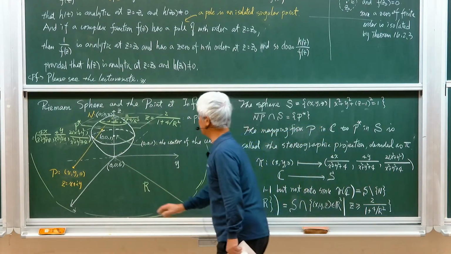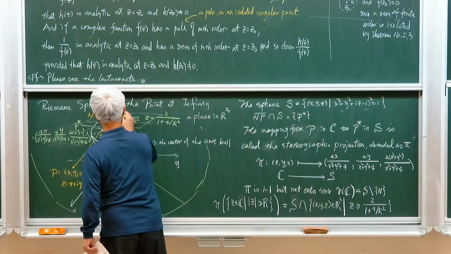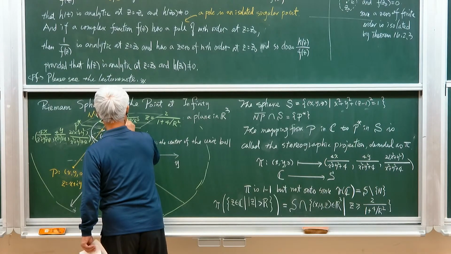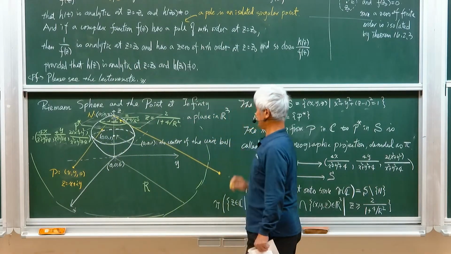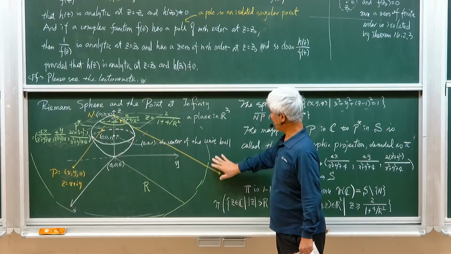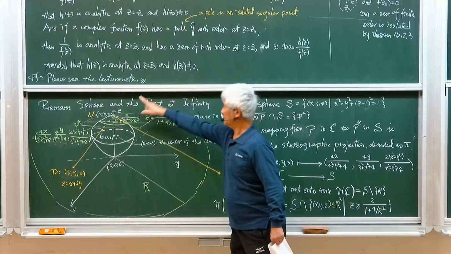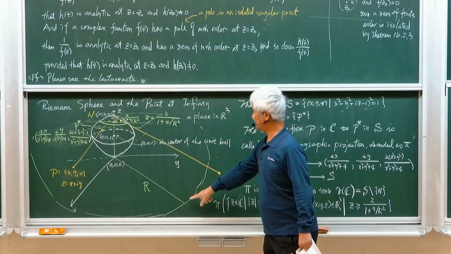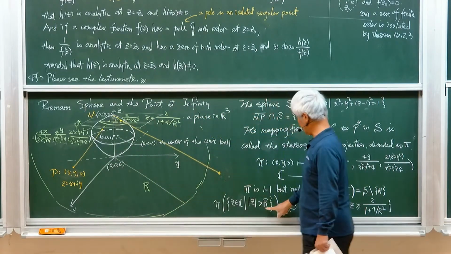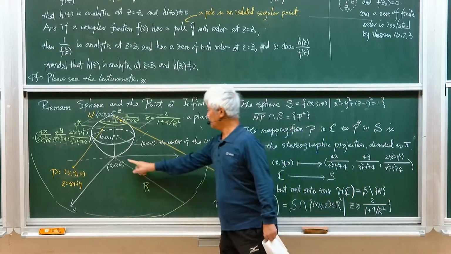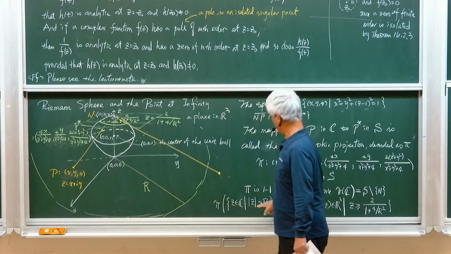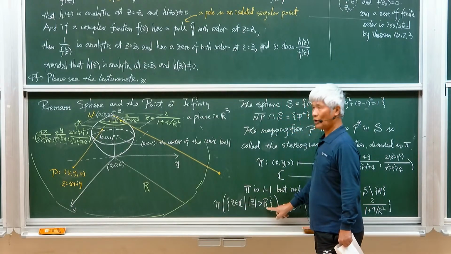So a point will go over there, here. This point is outside of the big circle, because z has distance from the origin of at least r here.